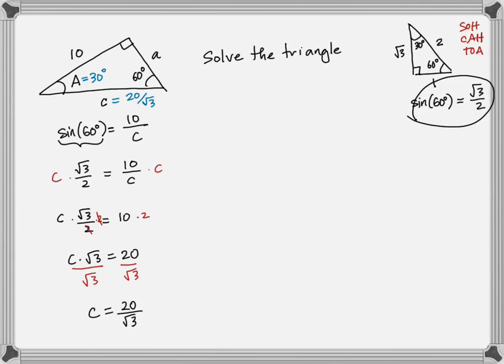Over here, on my 30, 60, 90 triangle that we derived in class, tangent of 60 is opposite over adjacent, square root of 3 over 1. So the tangent of 60 is the square root of 3.